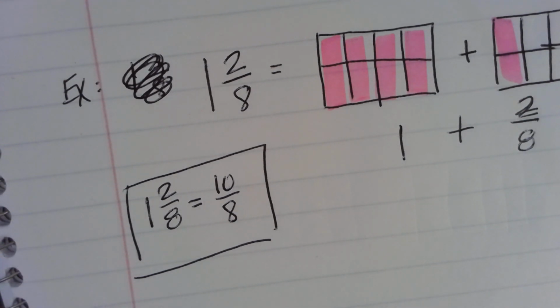We can see visually that these two fractions are equal to each other. Okay? So let's talk about how we get from one to the other without having to draw them, so that we can see what they are mathematically. Yes, Zoe? I'm using numbers. You use numbers.